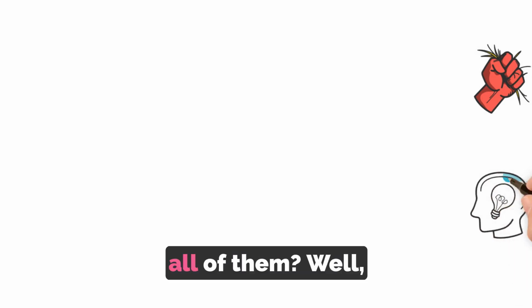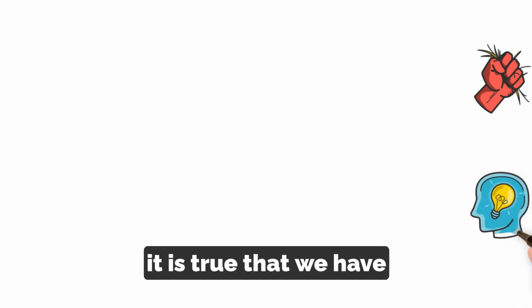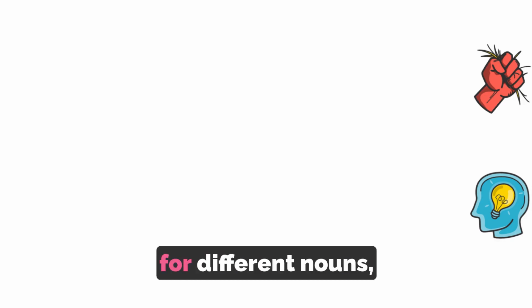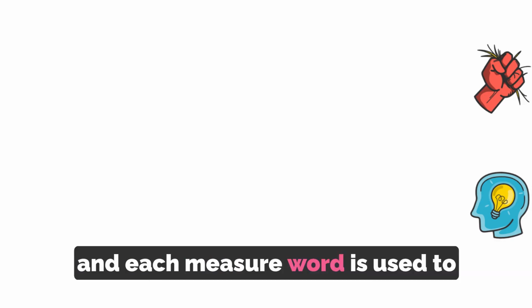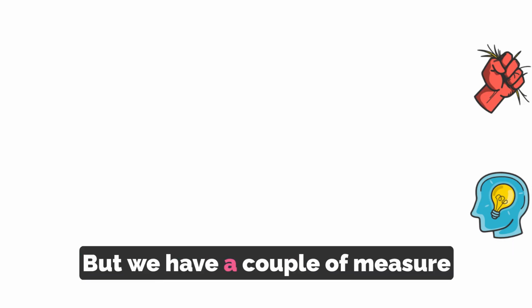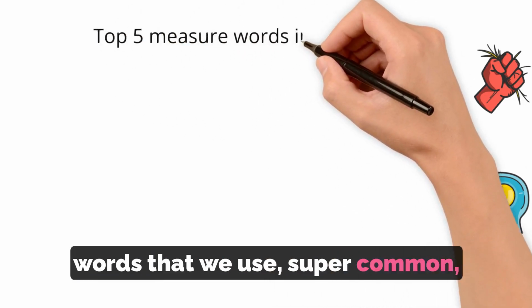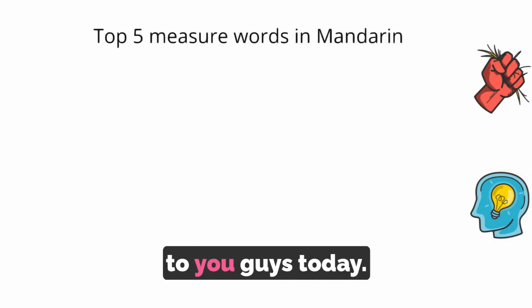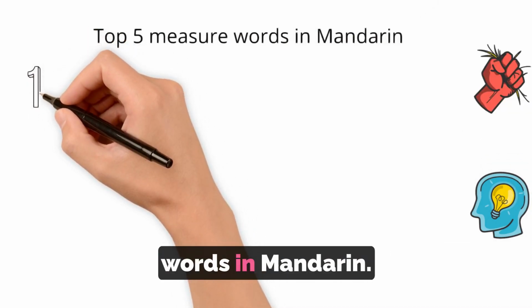Do I have to remember all of them? Well, it is true that we have different measure words for different nouns, and each measure word is used to measure different kinds of nouns. But we have a couple of measure words that we use super commonly, which I'm going to introduce to you guys today: the top 5 measure words in Mandarin.